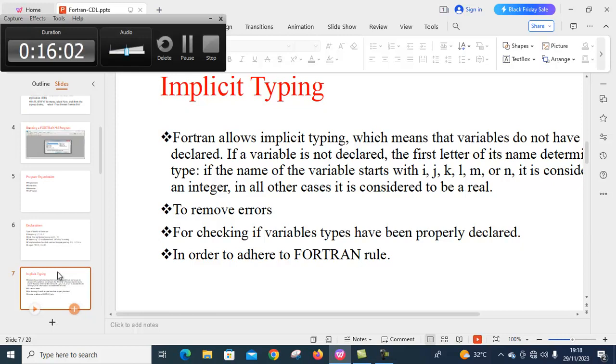Fortran allows implicit typing, which means that variables do not have to be declared. If a variable is not declared, the first letter of its name determines the type. Note, if the name of the variable starts with I, J, K, L, M, or N, it is considered an integer. In other cases, it's considered to be a real.